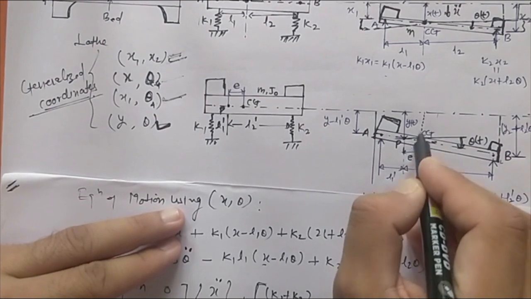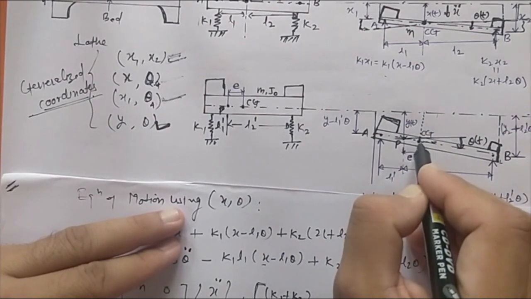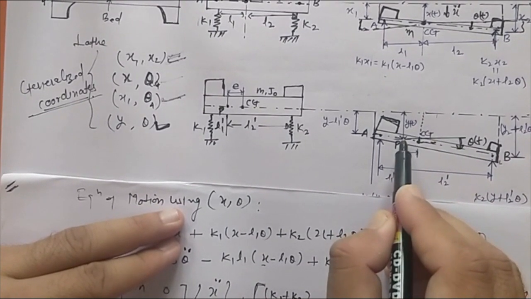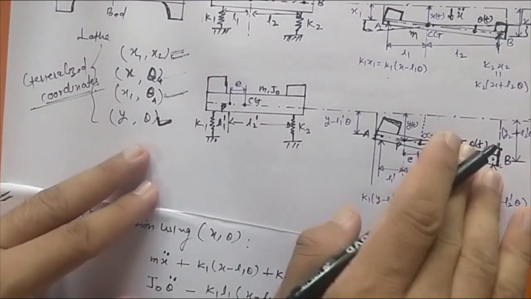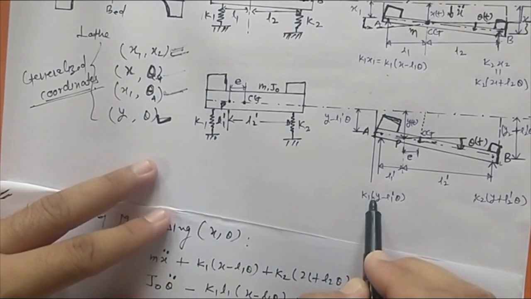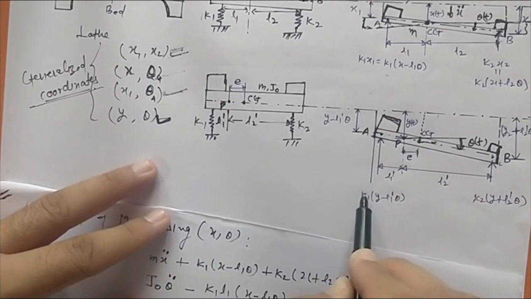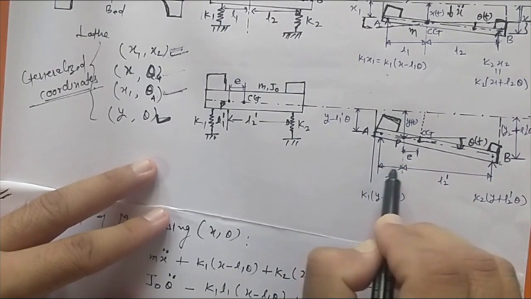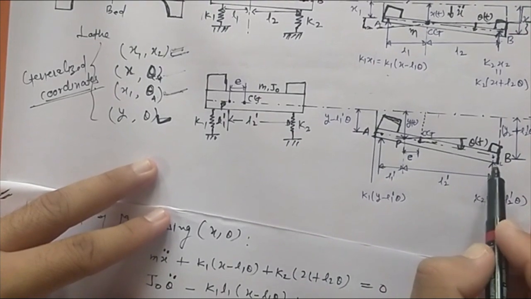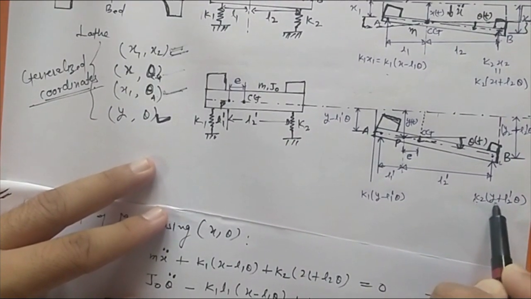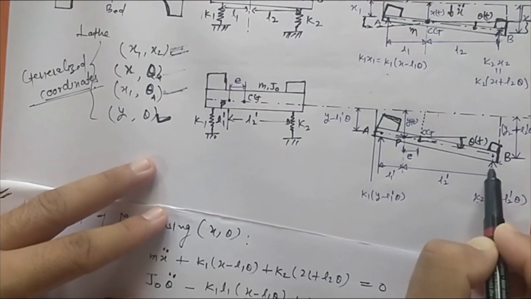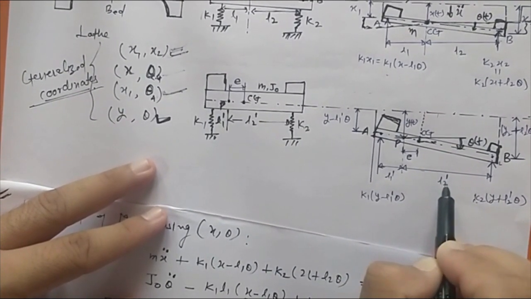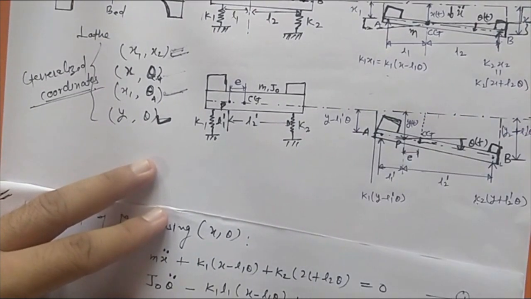There is another force acting in the upward direction, the inertia force, which will also create a moment about this point. Another moment is created by the force at point A, K1 y minus L1 dash theta, multiplied by this distance L1 dash, and one moment because of the force K2 y plus L2 dash theta, multiplied by this distance L2 dash, in the anti-clockwise direction.